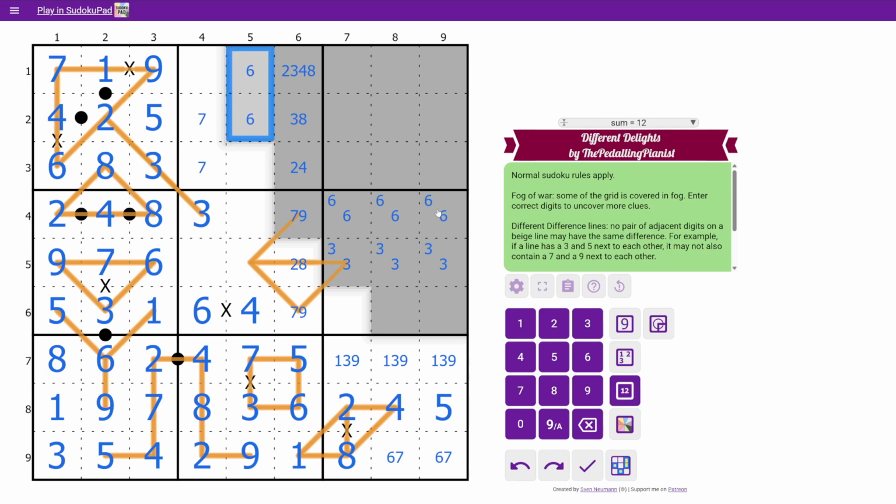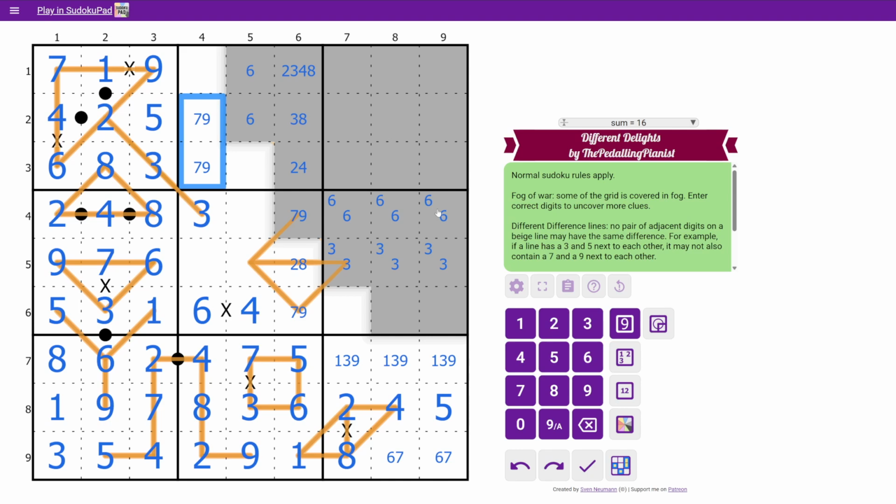A 6 goes in one of these. Nine goes in one of these, again with the 7-9 combo.